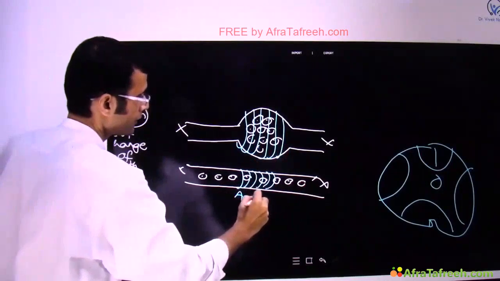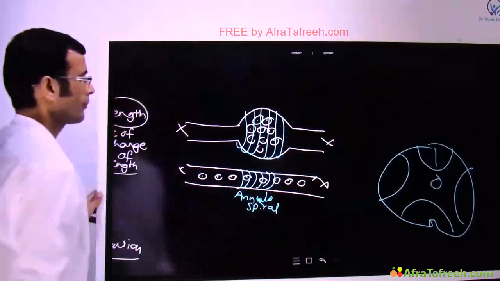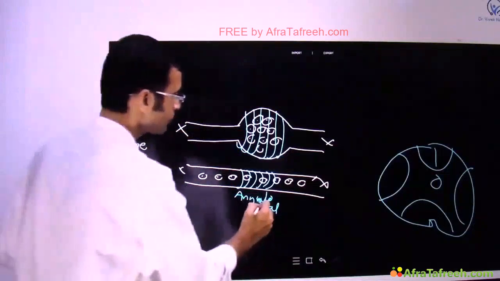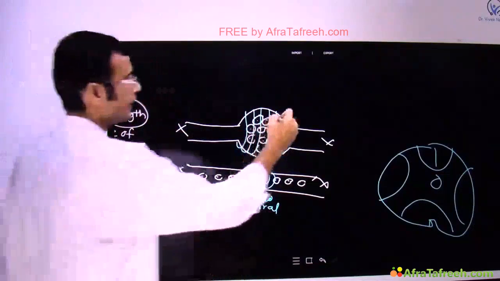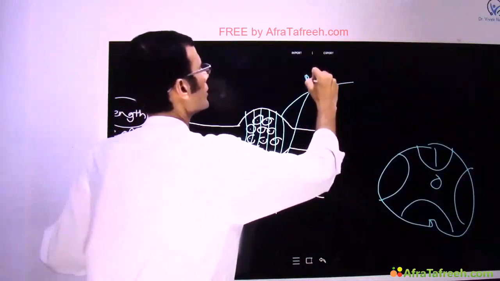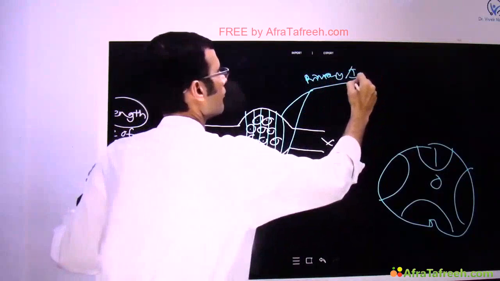Note that these endings are there for both the nuclear bag and nuclear chain. These annulospiral endings then join to form the primary or 1A afferent.